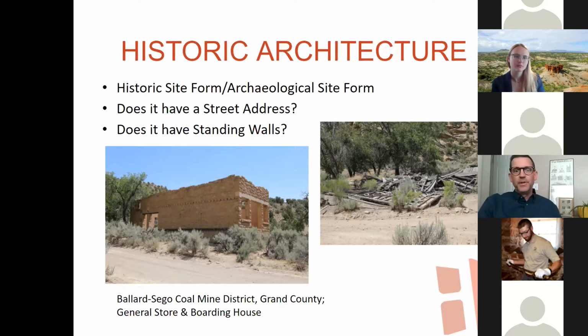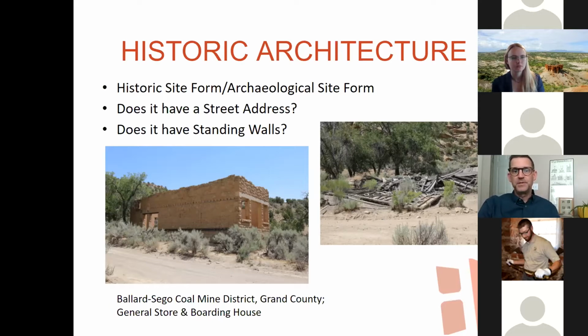A general rule of thumb within the Utah SHPO of when to use the historic site form for buildings is the presence of a street address. If a building or structure has an official address, then it should be recorded on a historic site form, in addition to the archaeological site form you're creating, if you're surveying a larger archaeological site.